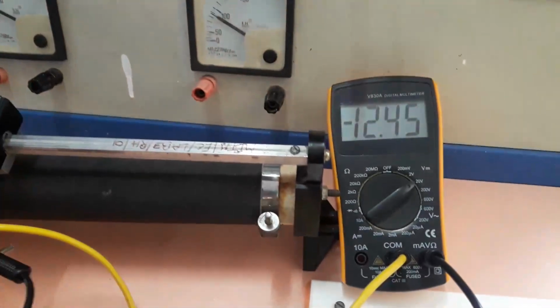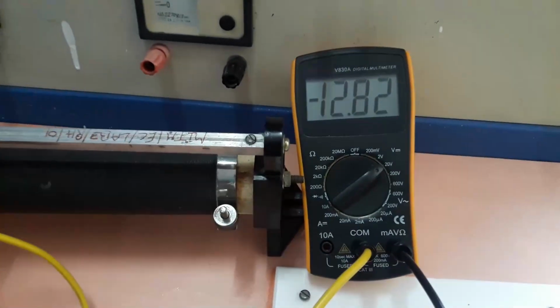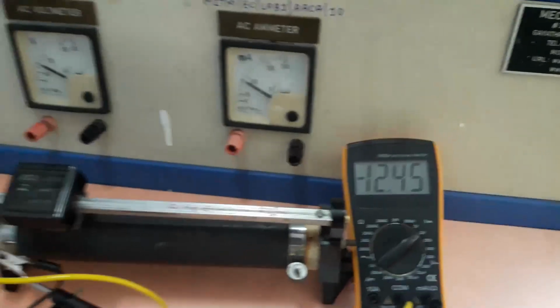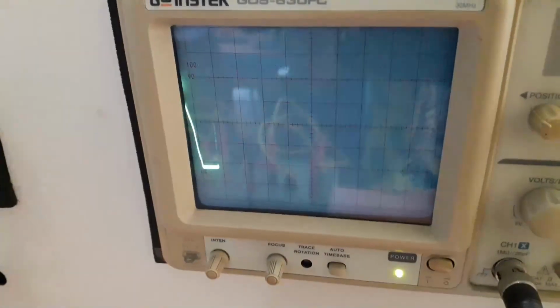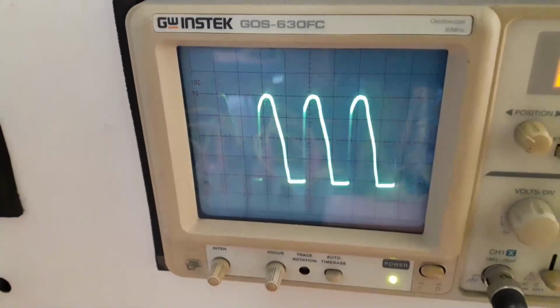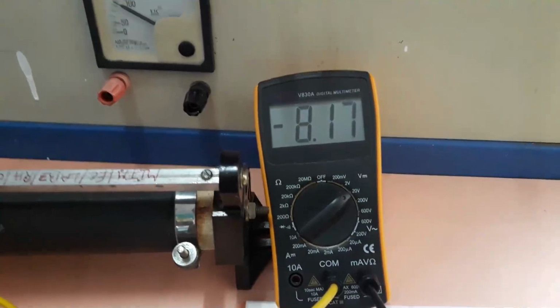You have to note down the multimeter value, the multimeter which is connected across the load, because you have to note down the voltage for different firing angles. Vary the firing angle to one point, and note down the voltage at that point.